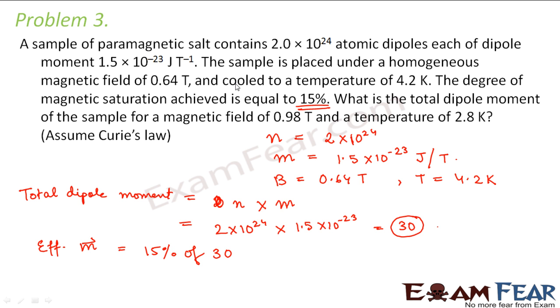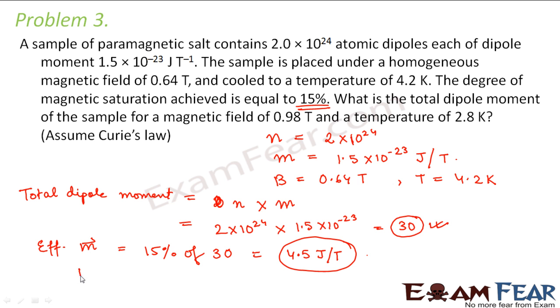The total magnetic moment should have been 30, but since the saturation achieved is only 15%, only 15% of this value is the actual magnetic moment that is induced, right? Because whatever magnetic moment is induced, that is what will reflect in the magnetization. So this comes out to be 4.5 joule per Tesla.